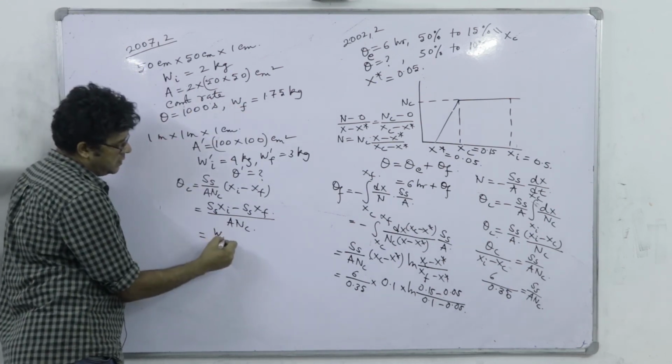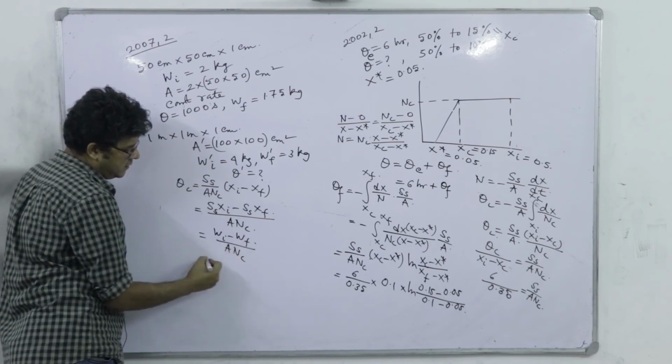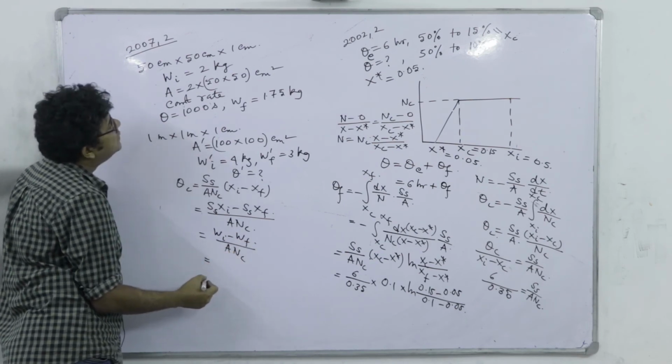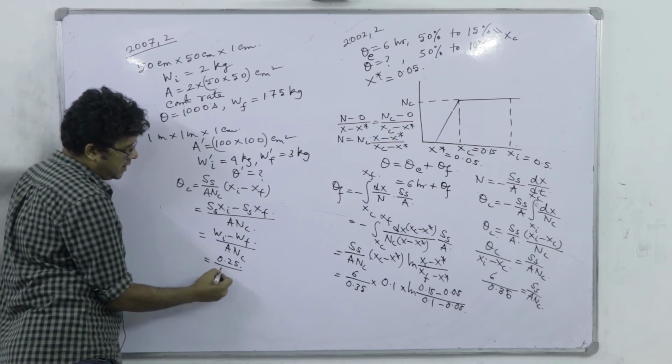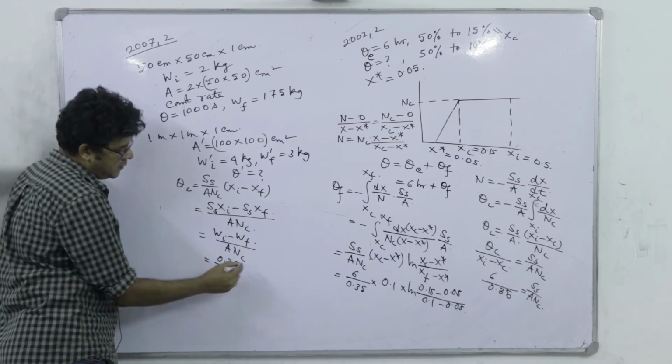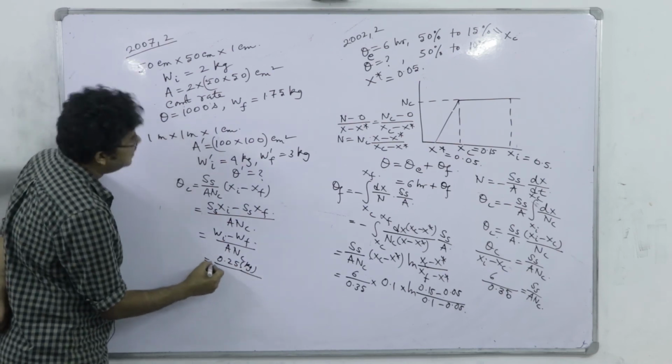So this is equal to Wi minus Wf divided by A NC, which is 2 kg to 1.75 kg, so 0.25 by area. So this is in kg, right? So units should be consistent.